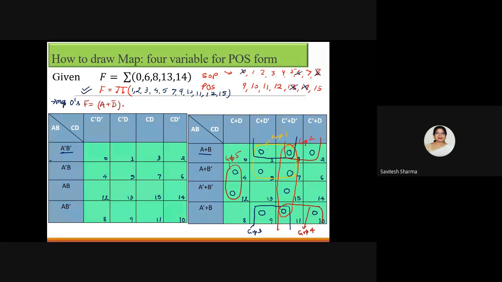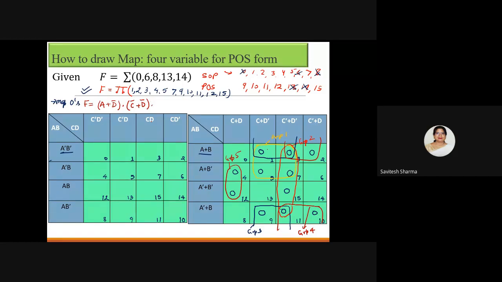Okay. Now come to group 2. What is the expression for group 2? You see here, A and B are changing. If you are moving vertical, A and B both are changing. So I will remove A and B. Only the thing that is left is C complement, D complement. So I will write C complement plus D complement.